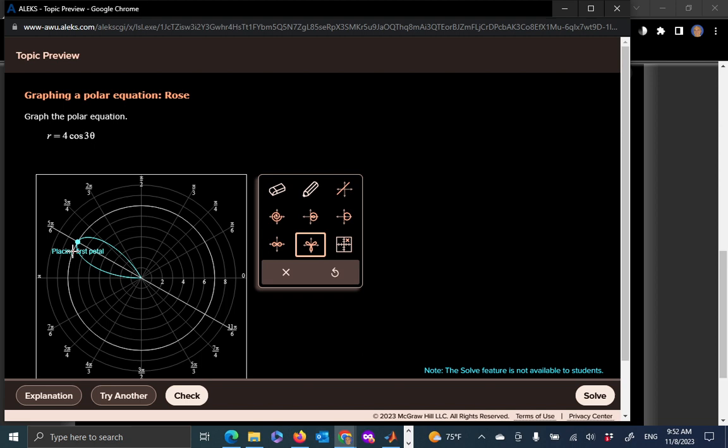And then it's asking where is the first petal. Well, here we are going to control it, and here's my first petal. Where is the second petal? Well, at 2 pi over 3.